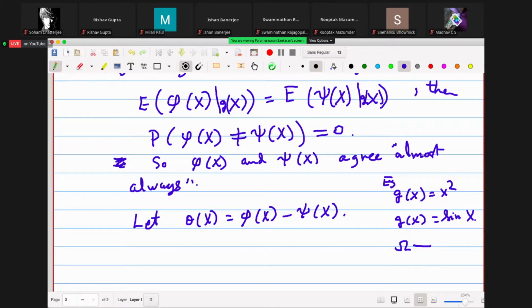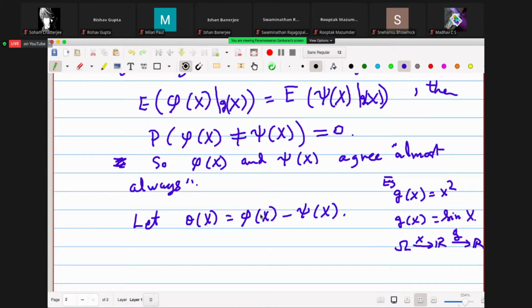You have to think of X as a function from the sample space to R, and g is another function. Function always means taking values in real numbers. Notice that if X is a discrete random variable and g is any function, then g(X) is also a discrete random variable. Okay.